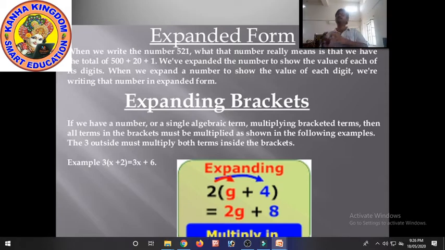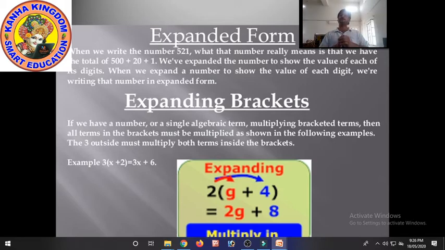So it is very easy to understand how to expand. Suppose it is a 4 digit, 5 digit or 6 digit number, whatever the digits, first you write all the digits in a place value chart. Then you can expand any number quickly.